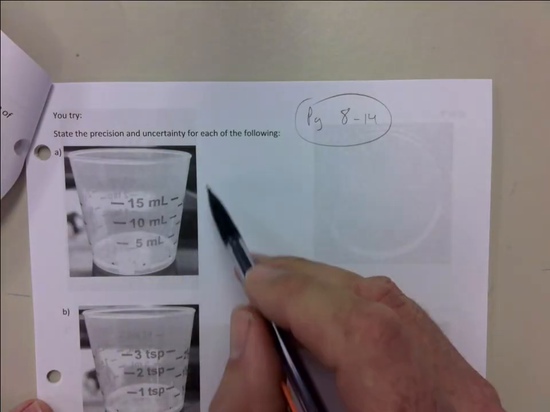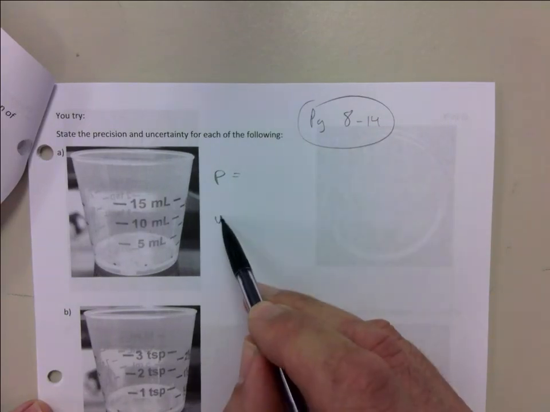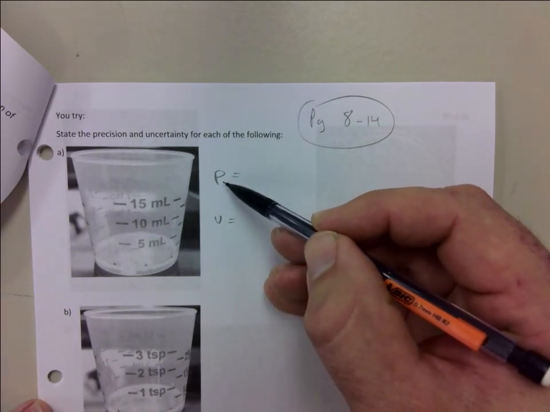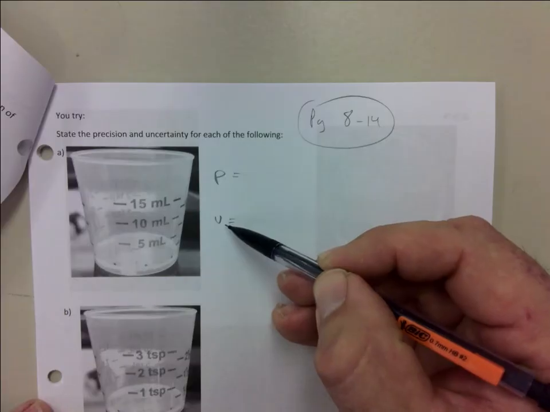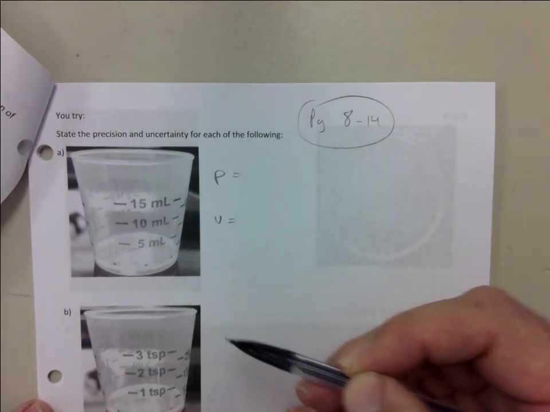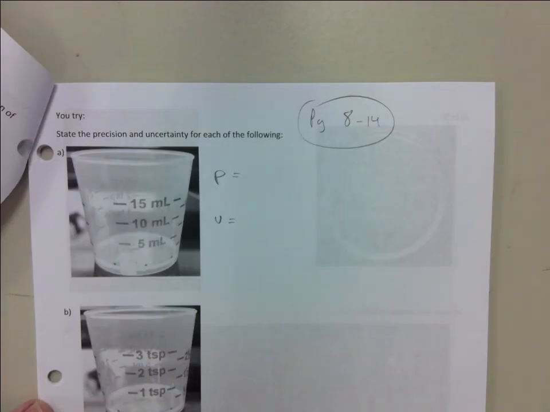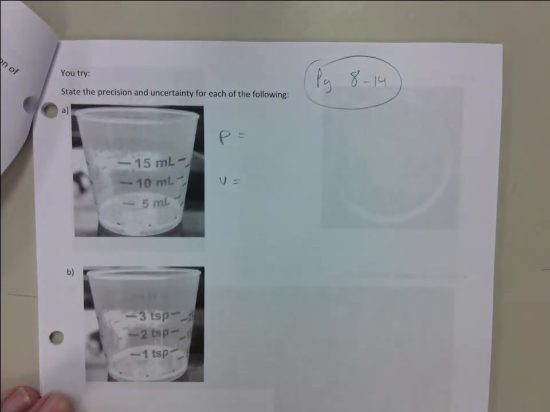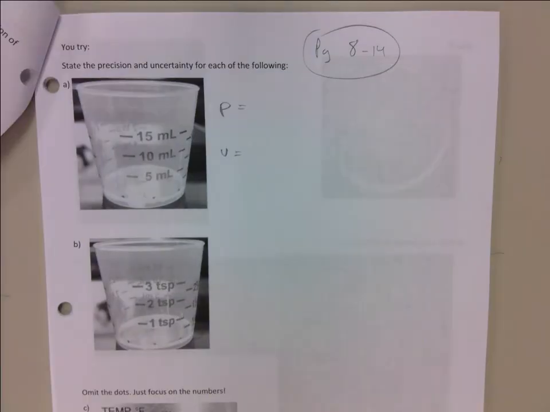I want you to, for every single one, figure out the precision and the uncertainty and so forth. Do one page first. I want you all to work on this right now. Face forward.